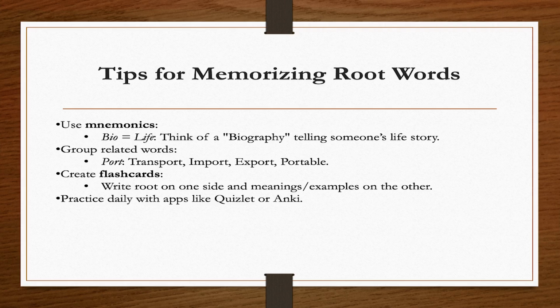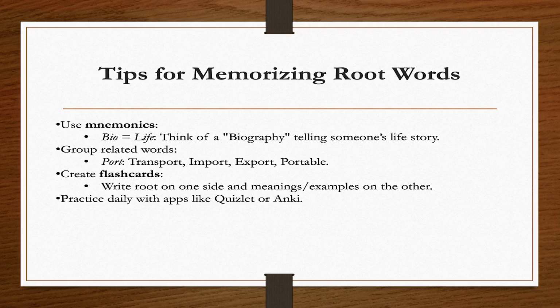So what you need to do is make a diagram. Take a plain paper, write the word bio in the center of the paper, then draw a lot of lines and start writing the words wherever you find the root bio.